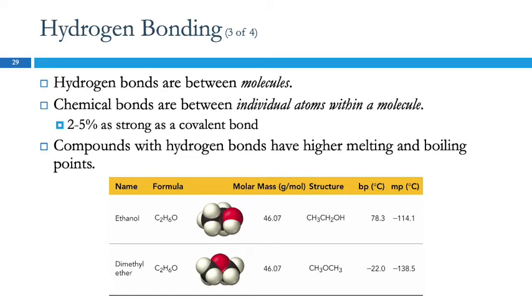It's not bonded to any hydrogen, so there's no hydrogen bonding. So if we look at the boiling point, ethanol boils at 78 degrees Celsius, and dimethyl ether boils at minus 22. It's a huge change. Same size. Dispersion forces are the same, but the hydrogen bonding makes a huge difference.